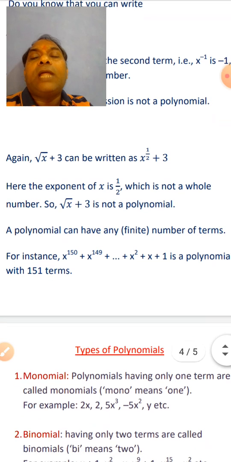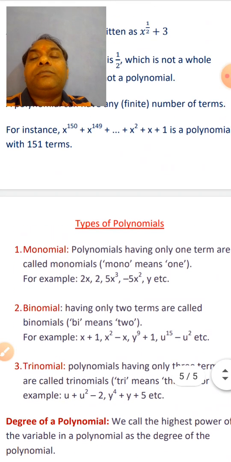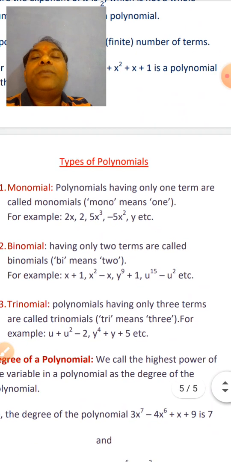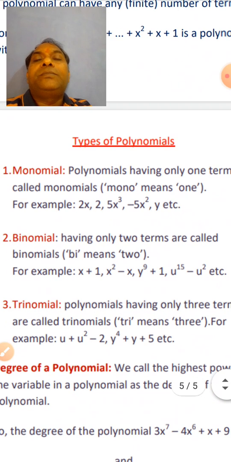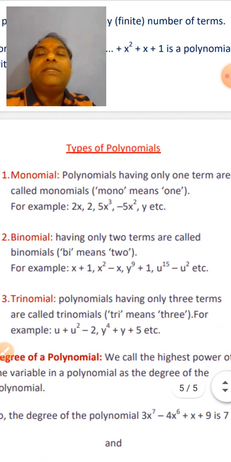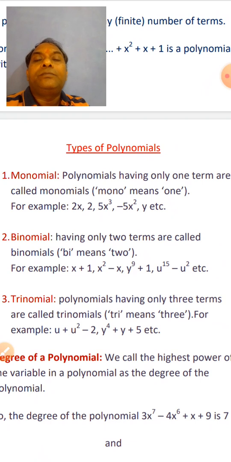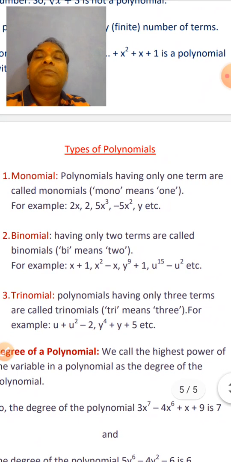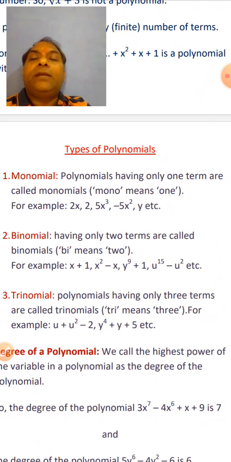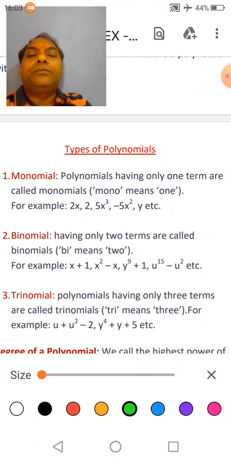Now types of polynomial. First, monomial. Polynomials having only one term are called monomials. Mono means one.